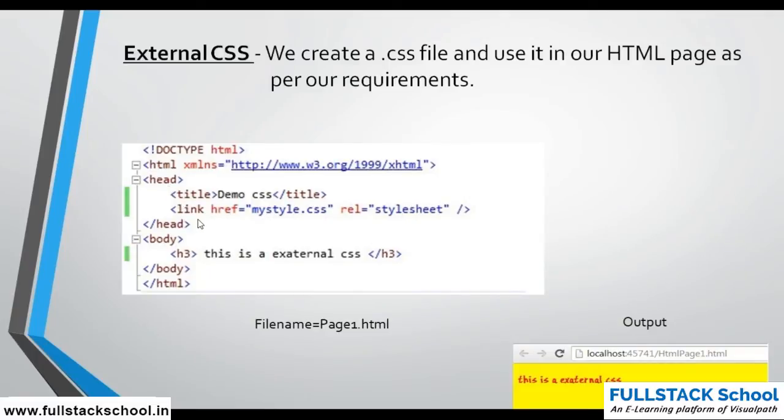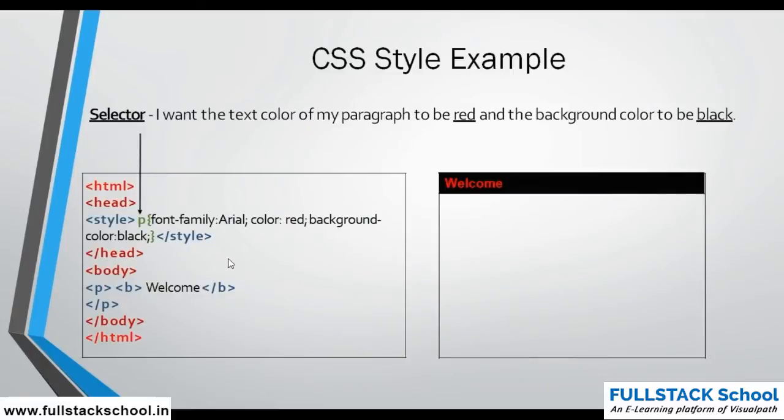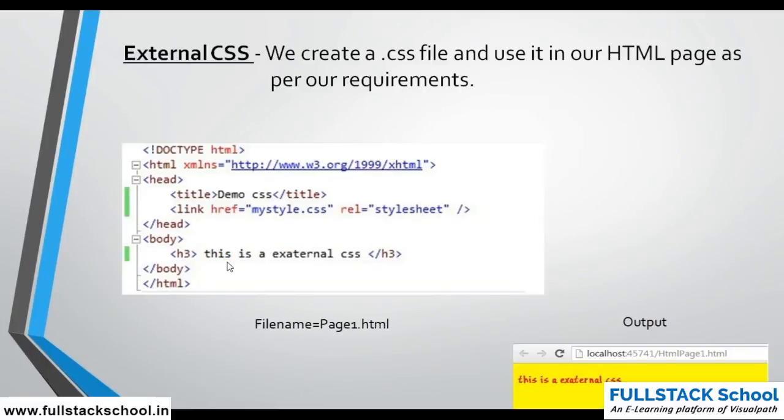You need to link it with the help of the href attribute, mystyle.css, and specify that it is a style sheet. The style we wrote in the external style file will apply to the content here for h3. Then we can see the output of the CSS.